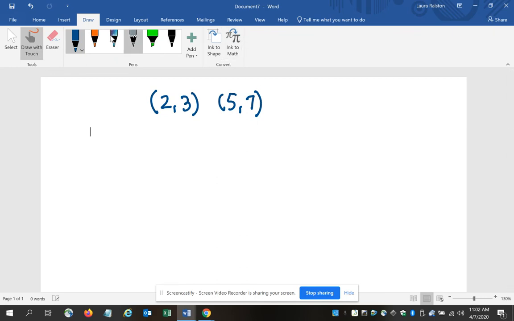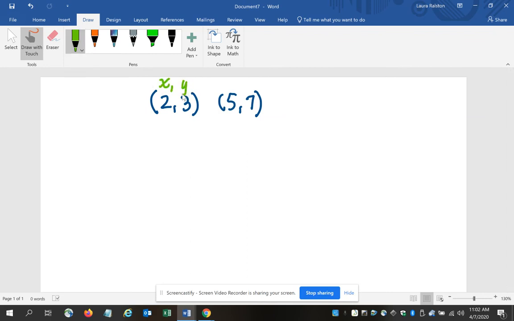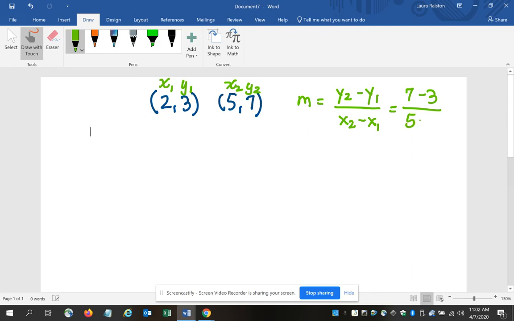So with those 2 ordered pairs, I have enough information that I can calculate the slope because I have x1, y1, and x2, y2. So using my slope formula, which is y2 minus y1 over x2 minus x1, I would have 7 minus 3 over 5 minus 2, which gives me 7 minus 3 is 4, 5 minus 2 is 3. So I get a slope of 4/3.